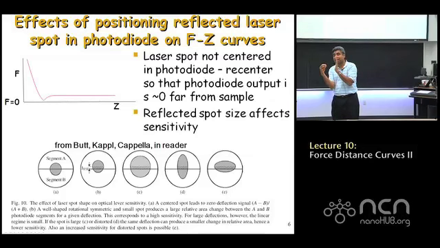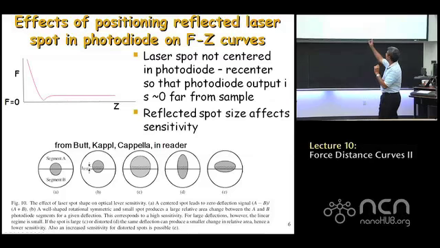Let's say the cantilever bends by a certain amount, right? So the center of the reflected spot is going to move up by a certain amount. That little amount by which it moves up is shown in B, C, D, E by the hatched area. That's the upwards motion of the center of the reflected spot. And it is the same in B, C, D, E, because we're simply comparing how, for the same deflection, what is the signal you're going to get out of the photodiode depending on the spot size.